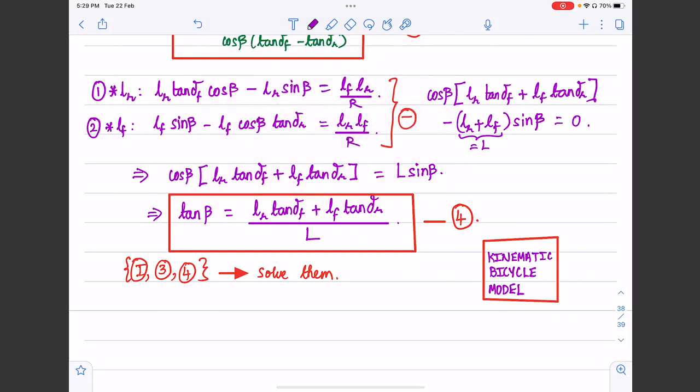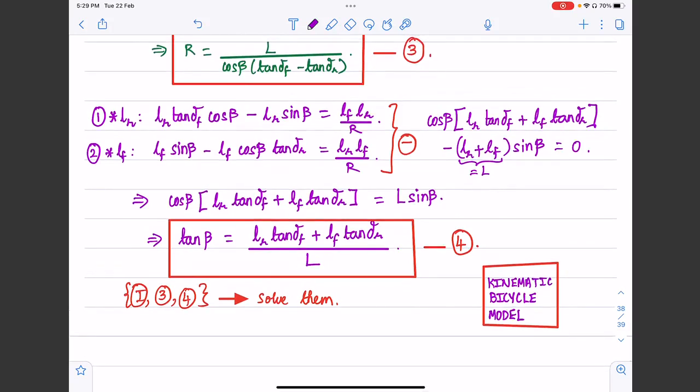Of course it also uses the vehicle speed, but it uses the steering angle inputs delta F and delta R. And if we don't have rear wheel steering, we just need to substitute delta R to be 0. So you can immediately see that in equations 3 and 4, tan delta R will vanish, because delta R is 0 means tan delta R will be 0.